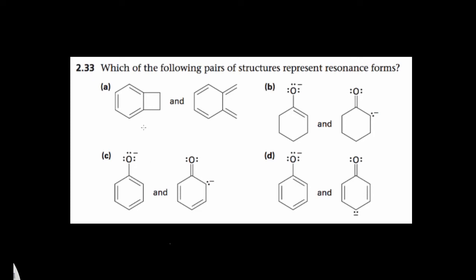And so let's just see what happens if we want to go from this one to this one in problem A. Now, we can write a curved arrow or a path of curved arrows that bring us from this structure to this one, but this breaks one of the rules of resonance, which is it breaks a single bond here.